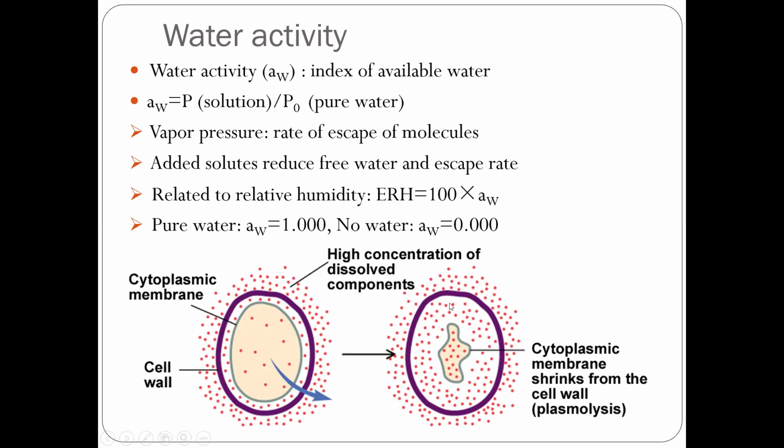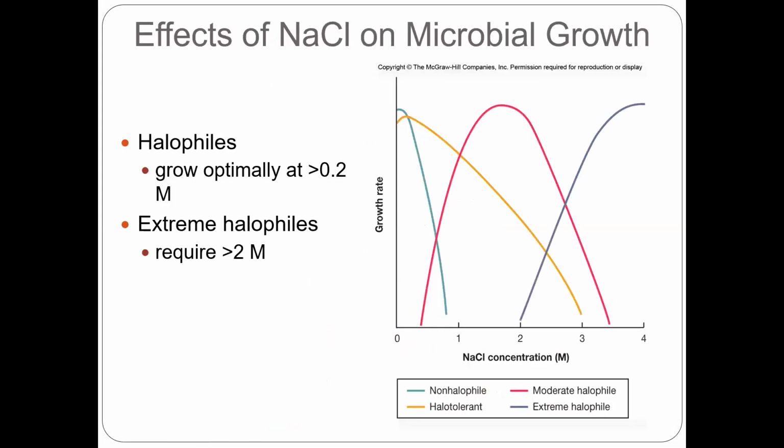In other words, if the inside of the cell has a higher concentration and the outside is like pure, distilled water, the cell may burst. That's why when you put bacteria in distilled water, you can kill a little bit of bacteria, because some bacteria will burst. Okay, so that's water activity.